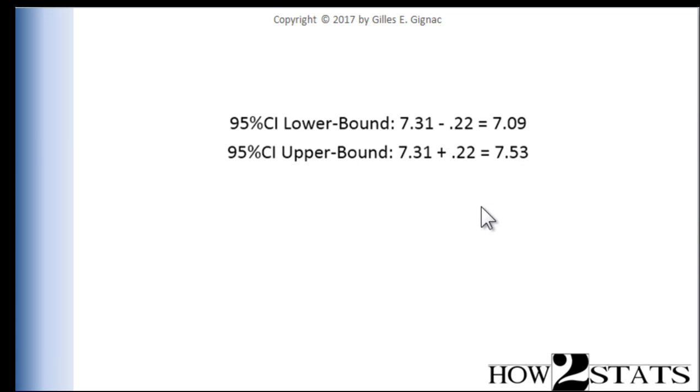I mention that because these two estimates, the lower bound and the upper bound, do not intersect with my long-held impression, which is the non-sample mean, in this case 8. Because they do not intersect with 8, we can logically conclude that there is a statistically significant difference between Kripke et al.'s estimate of 7.31 and my long-held impression of 8 hours asleep per night.